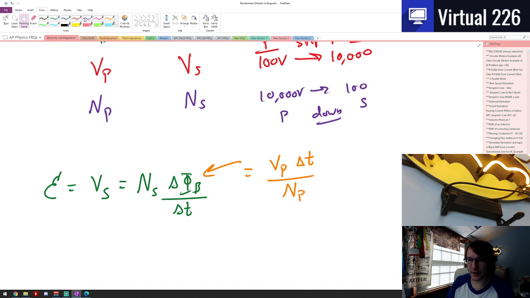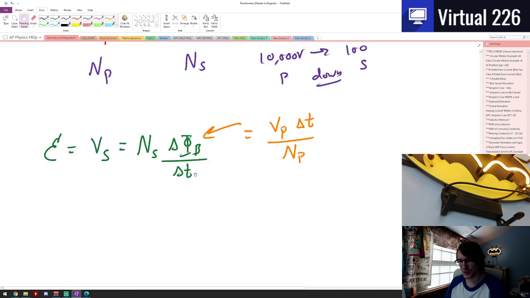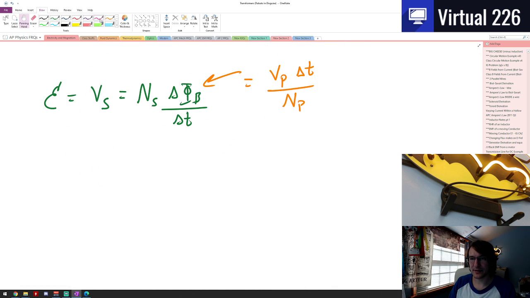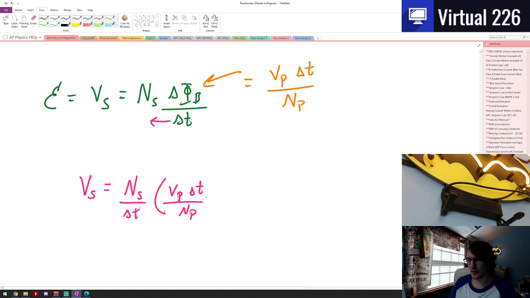So if we dump this in and combine these equations here, what we're going to have is that our voltage in the secondary coil is going to be due to the number of turns in the secondary coil divided by a delta T, that's the delta T right here. And then this is multiplied by the change of flux, which is the voltage in the primary, delta T over the number of coils in the primary. And as we see, our delta T's go away.